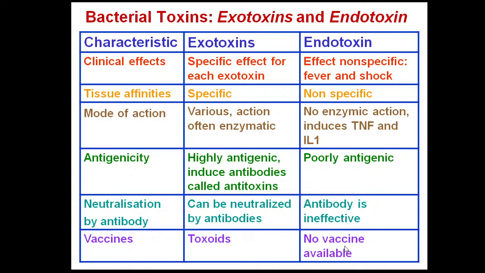Endotoxin has no enzymatic activity, but it is a very strong macrophage activator. Under LPS action, macrophages that engulf gram-negative bacteria, usually in order to kill them, start to be activated and produce very powerful substances called interleukin-1 and tumor necrosis factor.